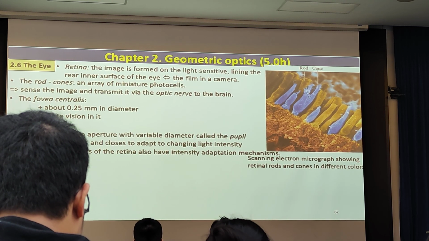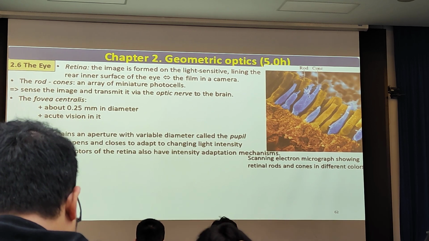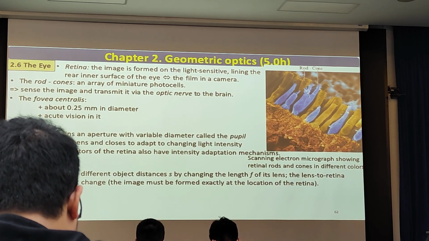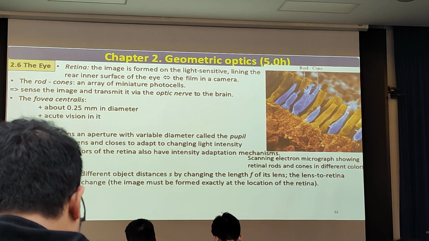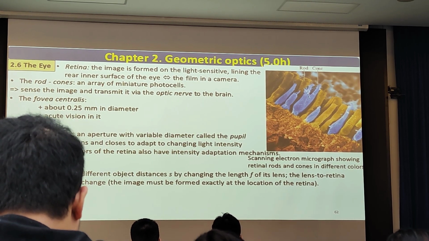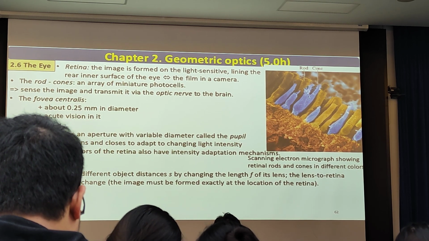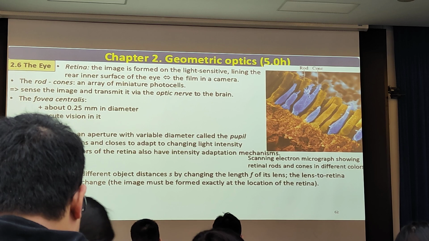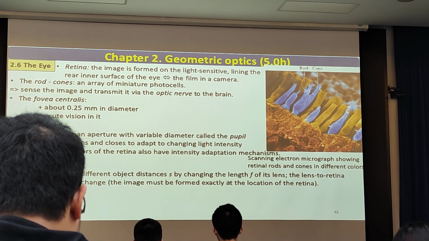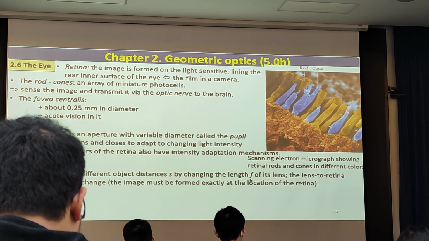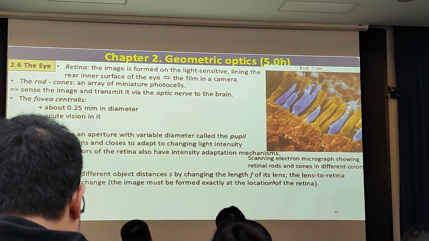And you have one mechanism which is called accommodation. The eye can look at objects at different distances, and you use accommodation in order to adapt, in order to observe that object clearly. So the eye adjusts to different object distances by changing the focal length f of its lens. The focal length can be changed using the muscle.